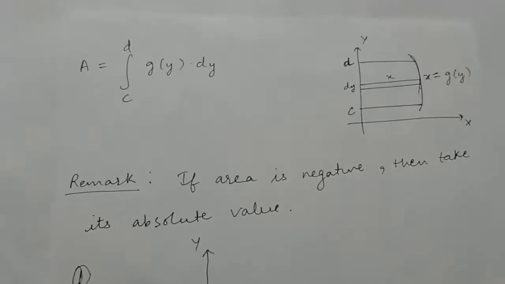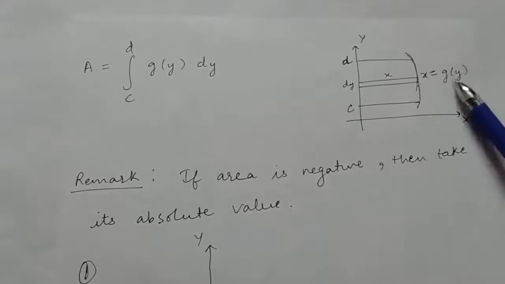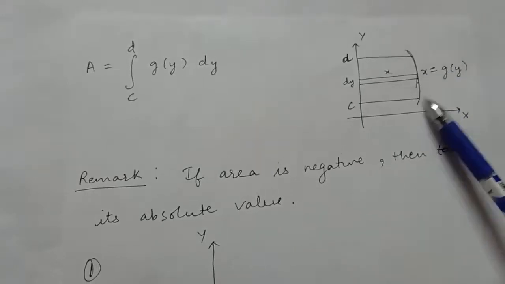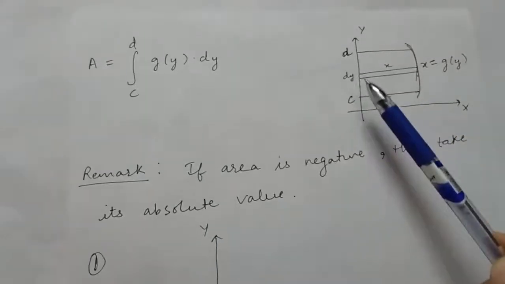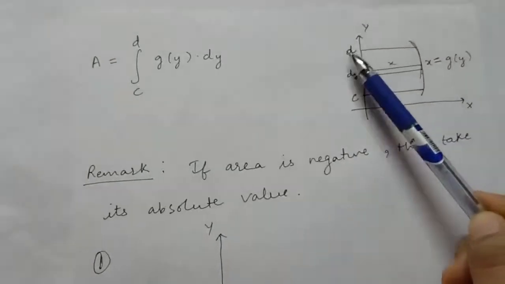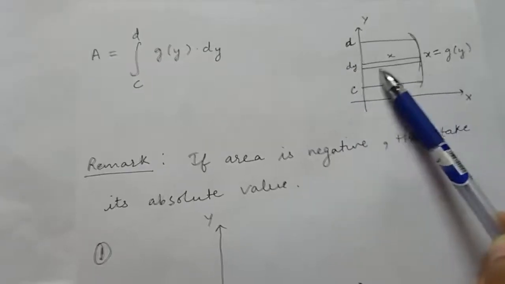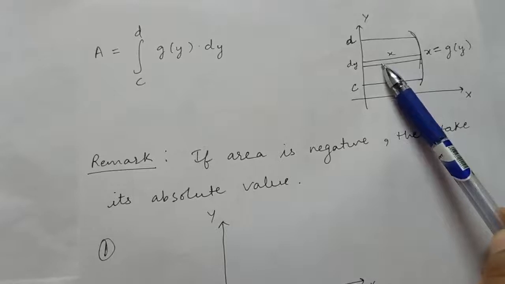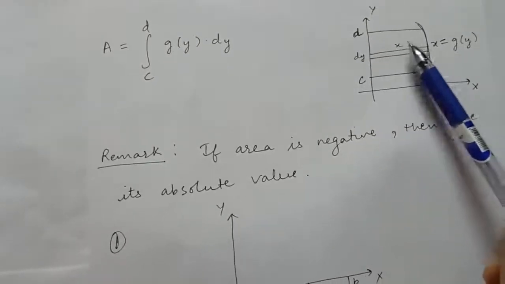See, sometimes the function is given as x equal to g(y). So the function will be like this, and you have to find the area between the function, the y-axis and the limits c to d. So now in this case we will make horizontal strips, right? Where the width of the horizontal strip is dy and the length will be x.